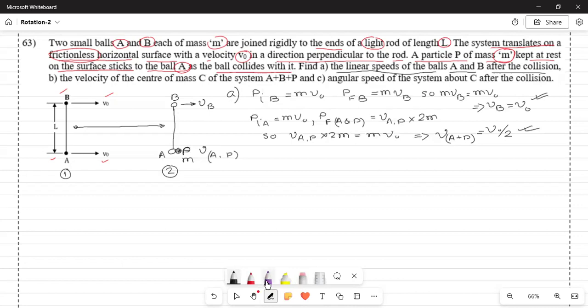There was a second question. Question B was the velocity of the center of mass of the system ABP.